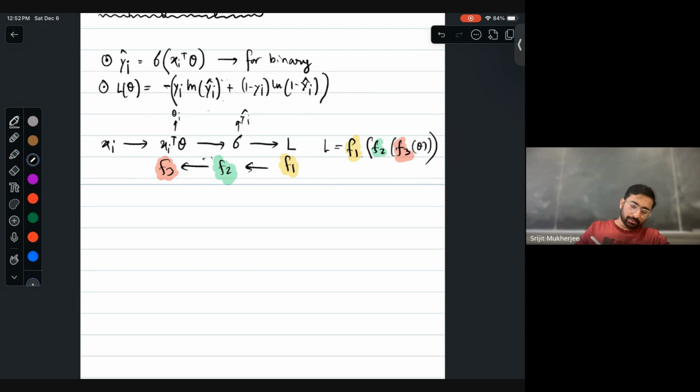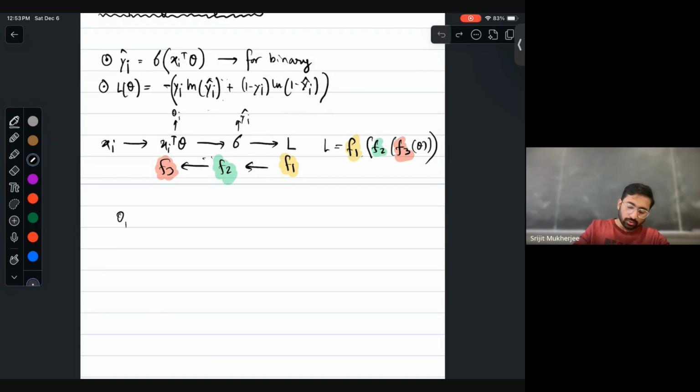So for example, here you observe that loss is a function of y hat.